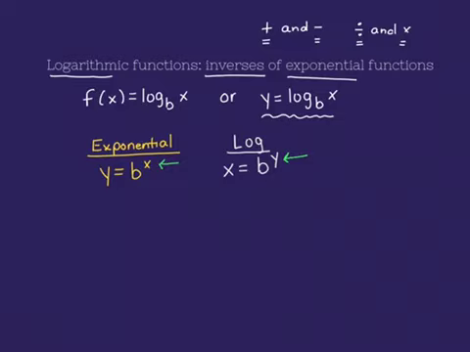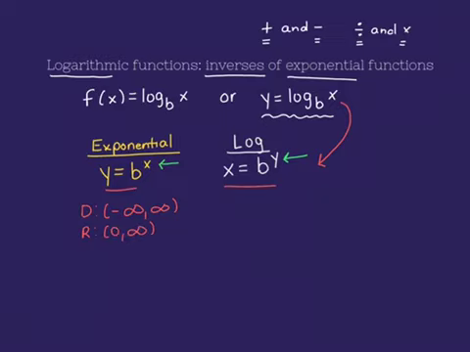We can take all logs and rewrite them in this form. Basically the only difference between the exponential form and the log form is that we have switched the x and the y, which means we've also switched the domain and the range. Remember, for exponential functions, our domain was unrestricted and our range was 0 to infinity.